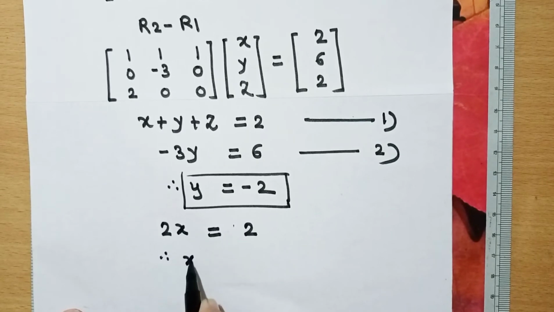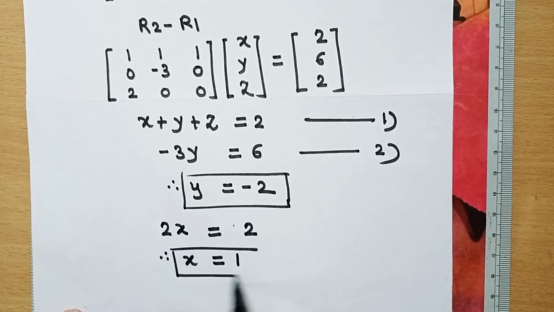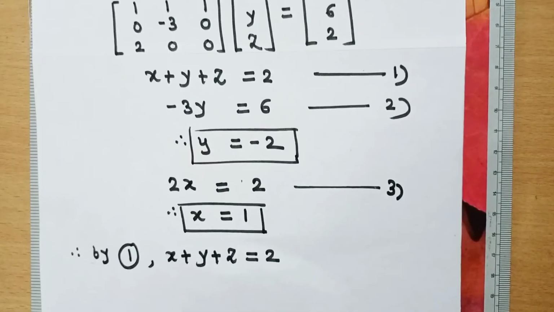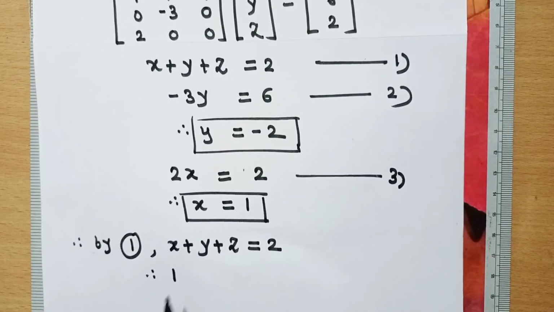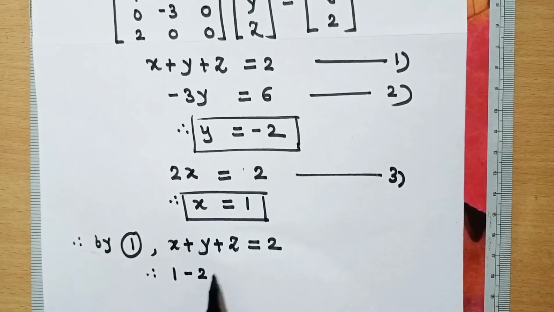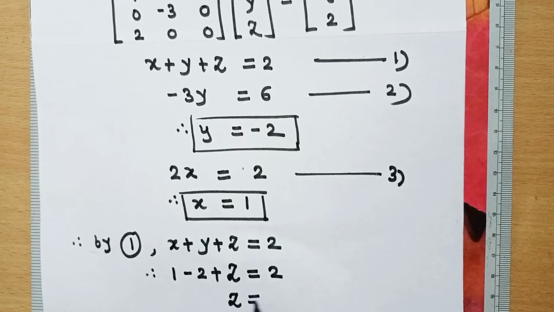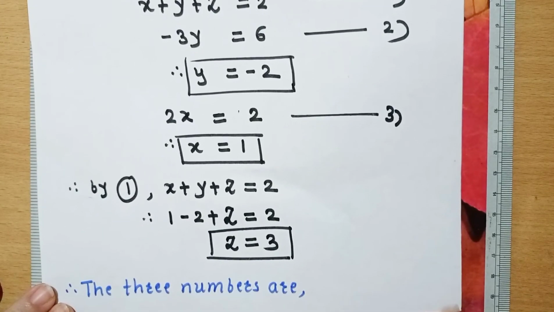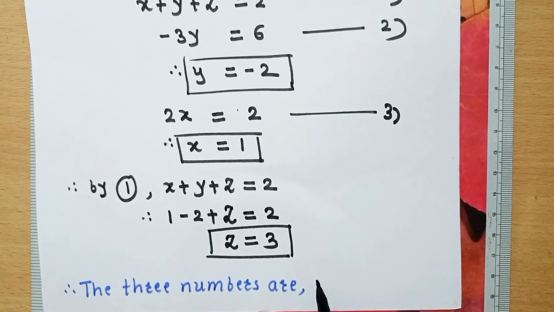Dividing by 2, x is equal to 1, and substitute x and y in equation 1. Therefore 1 minus 2 plus z equal to 2. Then this is minus 1, that side it will go for addition, and so z equal to 3. Therefore the three numbers are x equal to 1, y equal to minus 2, and z equal to 3.